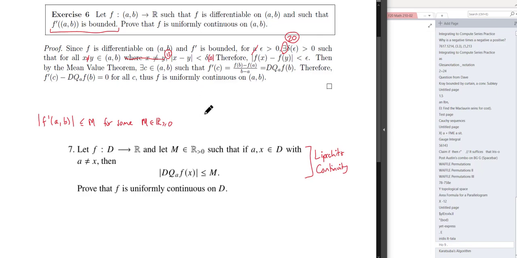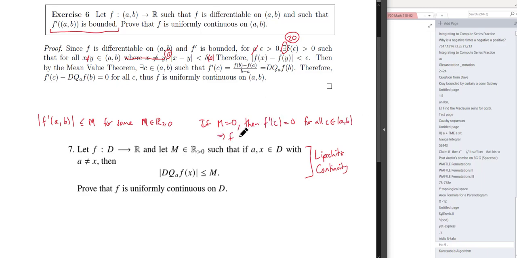And what's going to happen if m equals 0? What would that mean? That would mean that the derivative is 0 all along AB. And we have from another problem that if the derivative is 0 for all points in your open interval AB, then this function is constant.